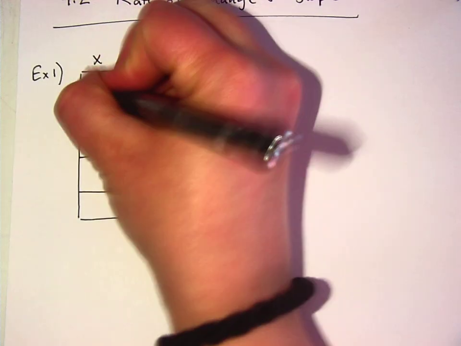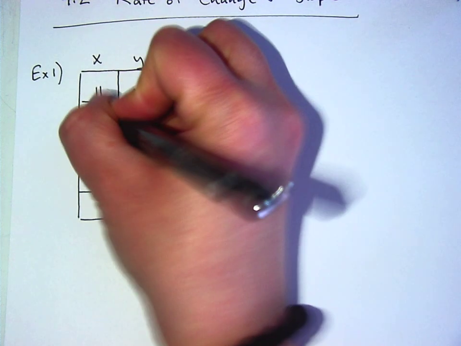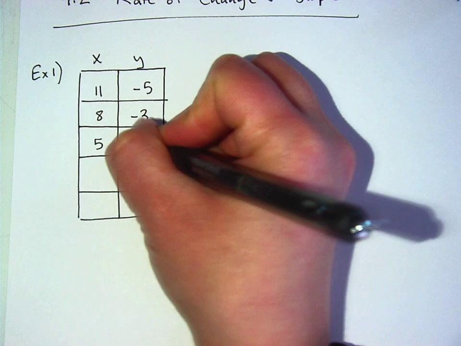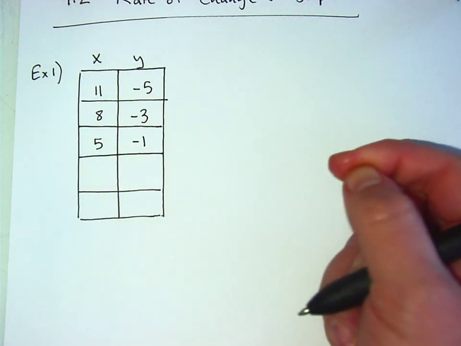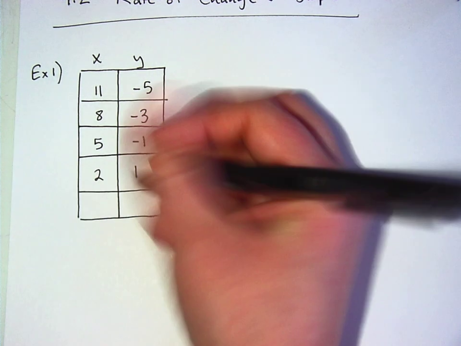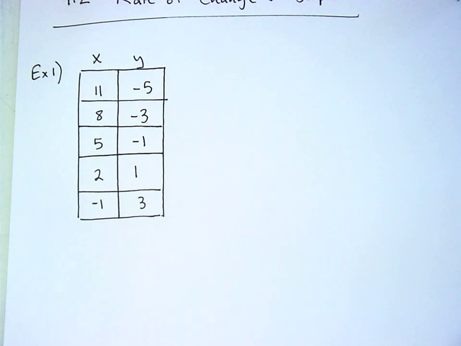And I want you to write 11, -5, 8, -3, 5, -1, 2, 1, -1, 3.